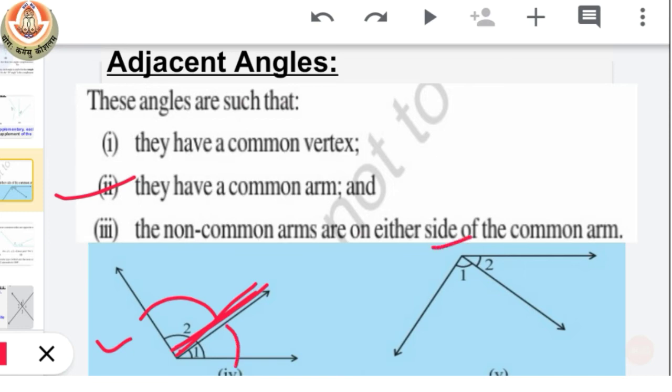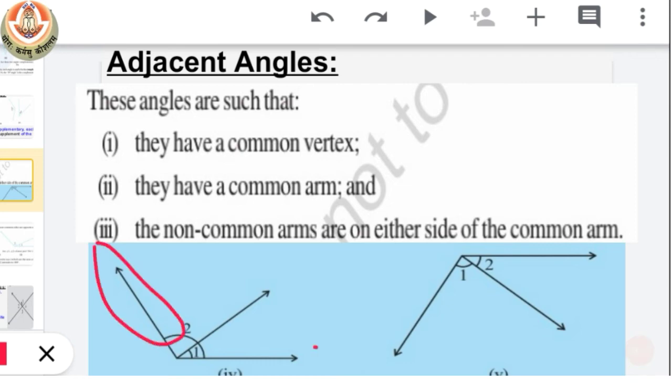Similarly, in this figure, this arm is common between angle 2 and angle 1. Now, the third situation is that the non-common arms are on either side of the common arm. Here we can see in the given figures, this and this arm are the non-common arms.